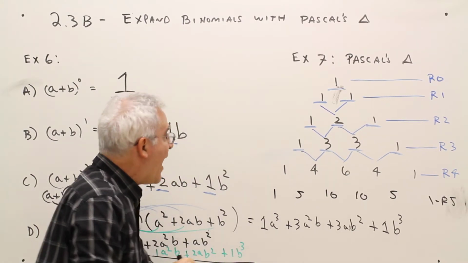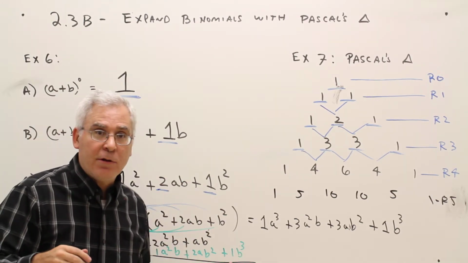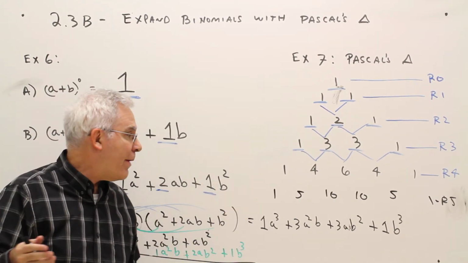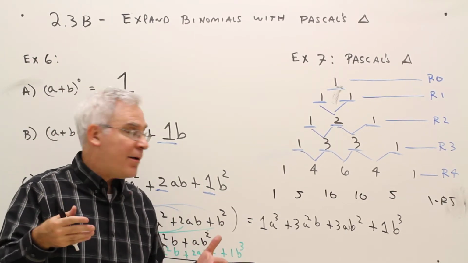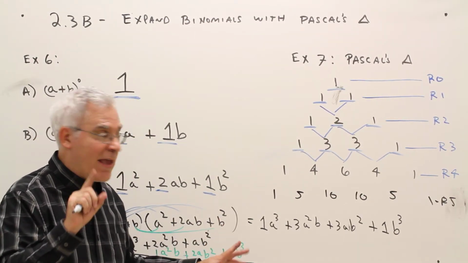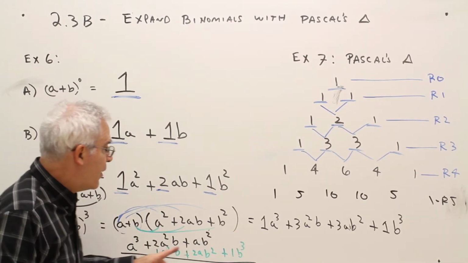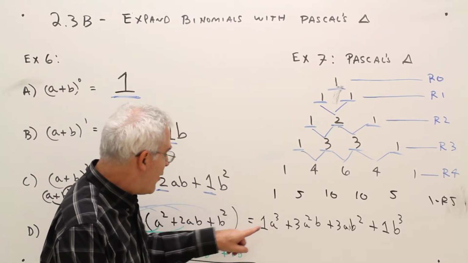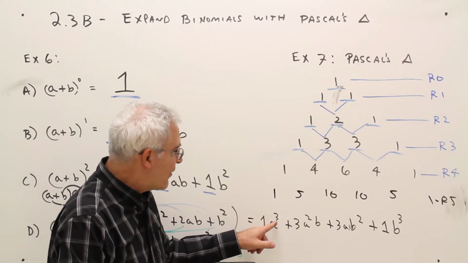Okay, so Pascal's triangle is giving you the coefficients of the expansion. So all you've got to worry about is the lettering scheme, and I'm going to show you that in the next example. But let's just take a quick look at a plus b cubed. Notice I start with the first letter to the highest power, and then it's going down 1.